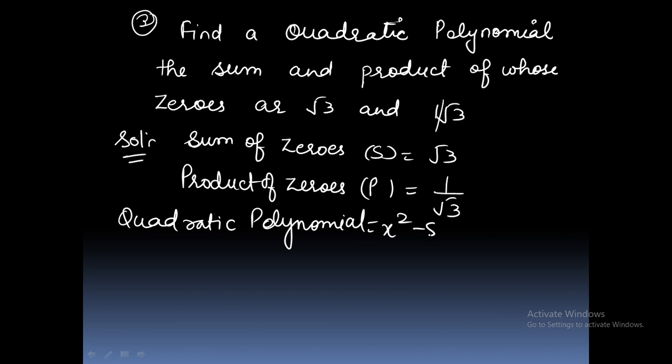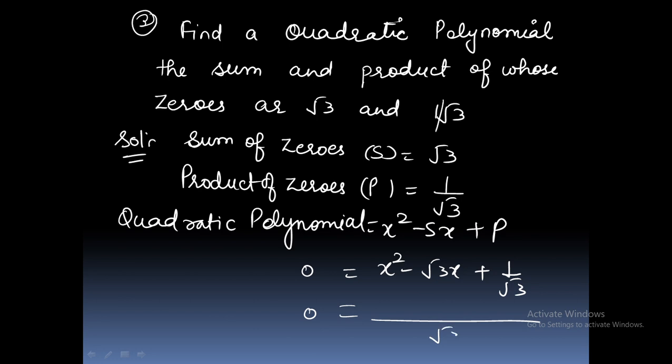x square minus sx plus p. Here s is root 3 and p is 1 by root 3. If you want to remove this denominator, then you will take it equal to 0.